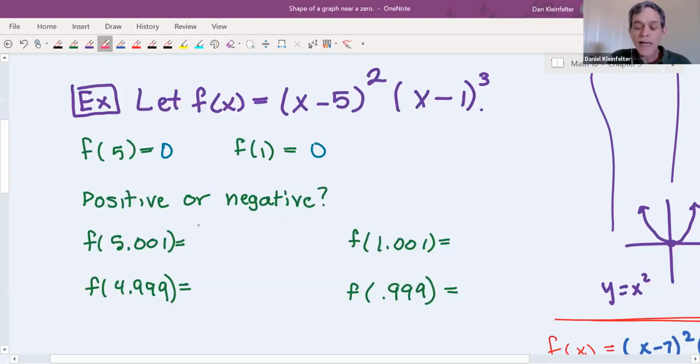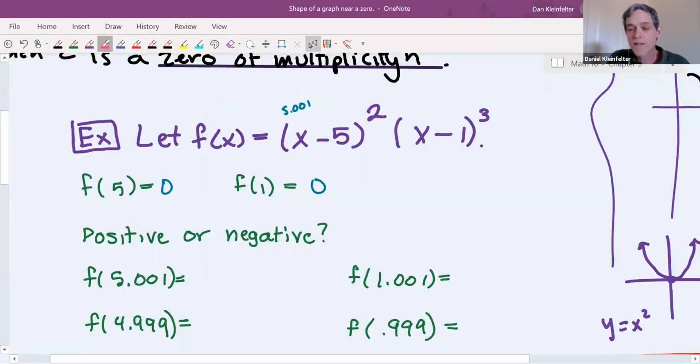For the next part, I don't need to know the numerical answer. I just need to know, is the function value going to be positive or negative? So let's say we want to find out f of 5.001. Let's pretend we're going to plug that in here. If you plug in 5.001 for x, minus 5, just this piece, 5.001 minus 5, is that positive or negative?